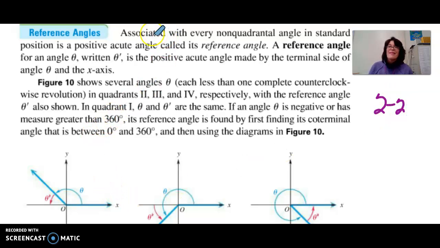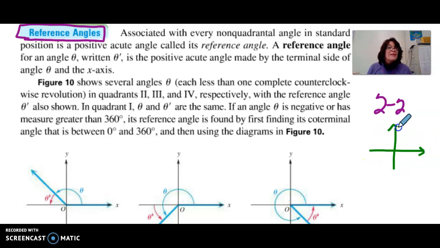I fibbed. All right, we're going to talk about reference angles. Oh my goodness, I'm going to try so hard to explain this because people get these confused. We've learned coterminal angles. Those are different. Coterminal angles are angles whose terminal side lands at the same spot. Here's theta.